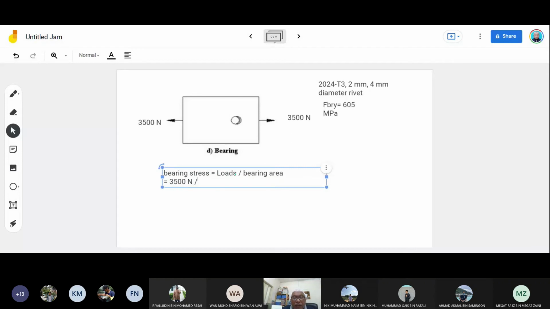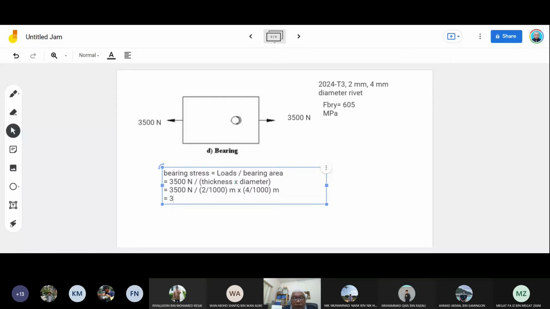Bearing area is very simple: thickness times diameter. So 3,500 Newton divided by thickness, 2 over 1000 to change to meter, times diameter, 4 over 1000 meter.